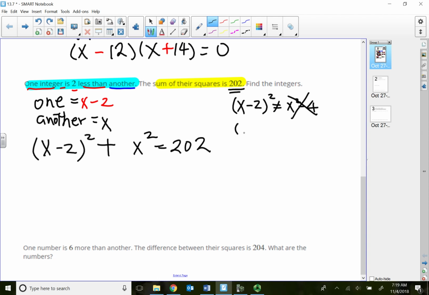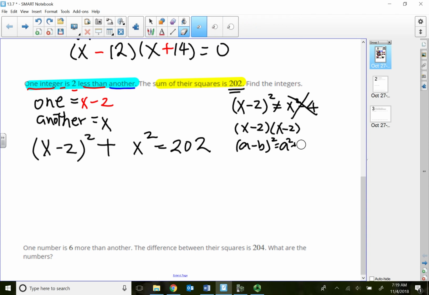So either you write this out as x minus 2 times x minus 2 and do your FOIL method, or you can use the formula (a minus b) whole thing squared equals a squared plus minus 2ab plus b squared.